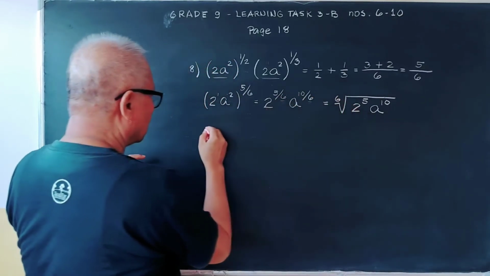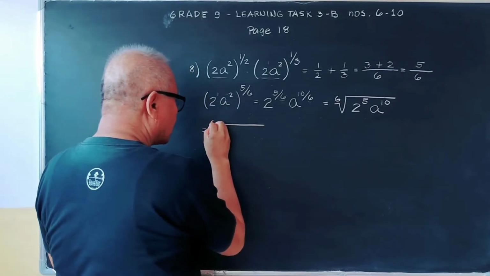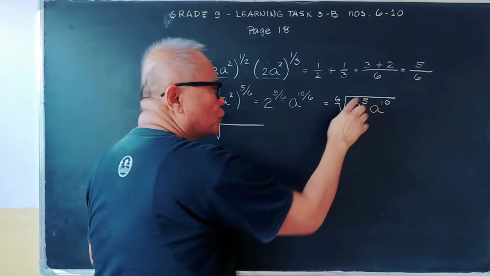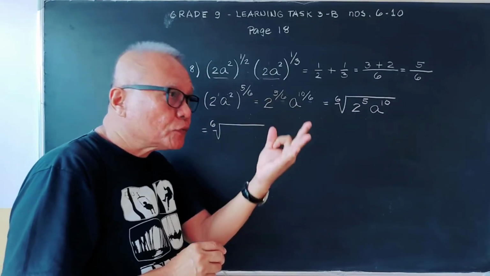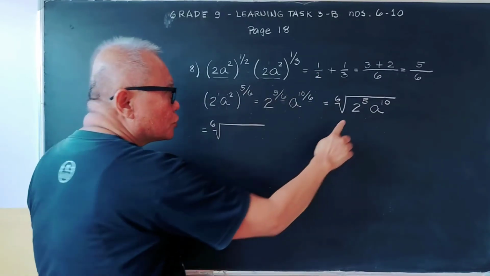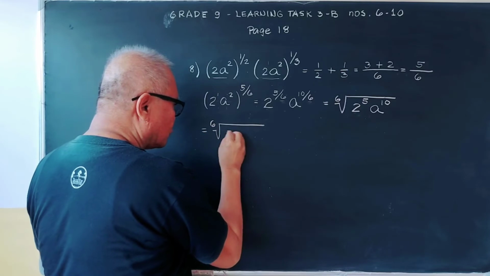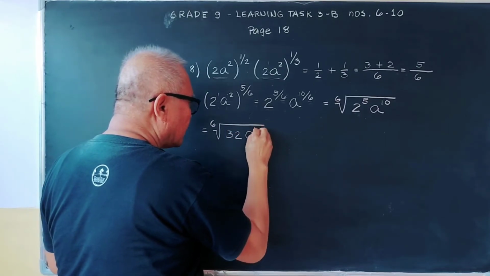Parehas na lang para nandun sila sa isang 6th root sa loob. O, ito. Doon pa rin. 6th root pa rin. Ano yung 2 to the 5th? 2 times 2, 4 times 2, 8 times 2, 16 times 2 is 32. So, ito ay 32. And then a to the 10th.